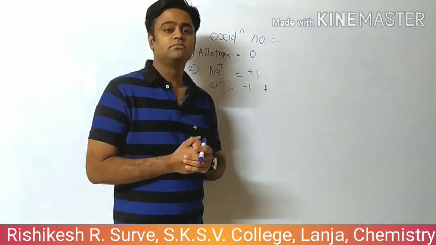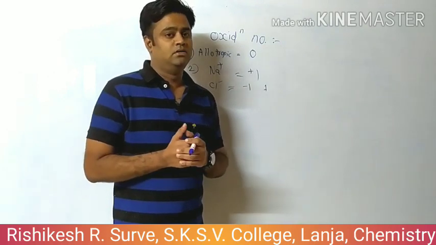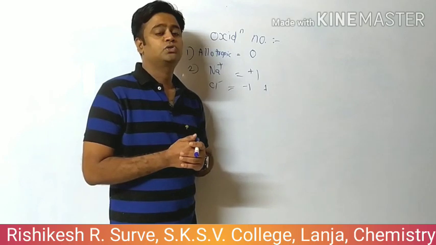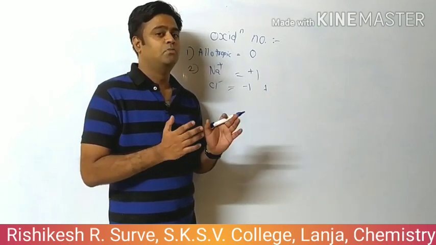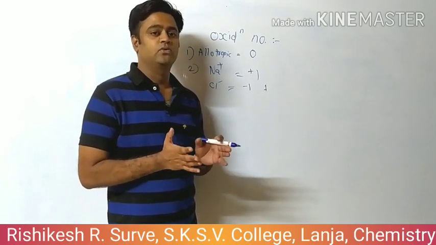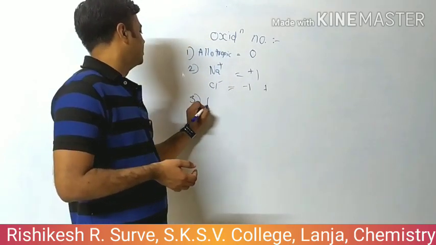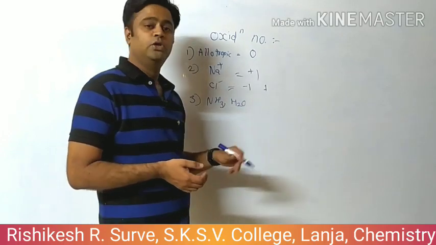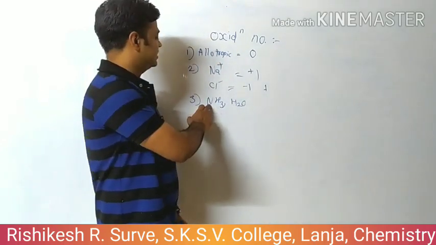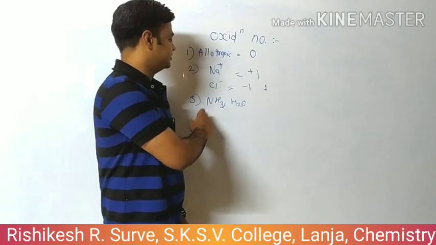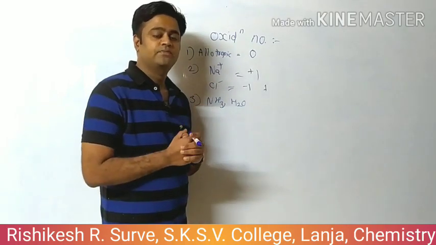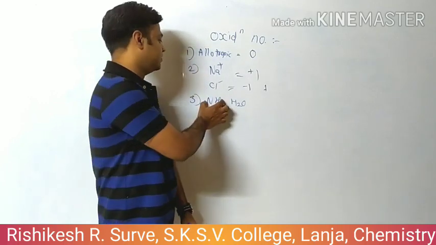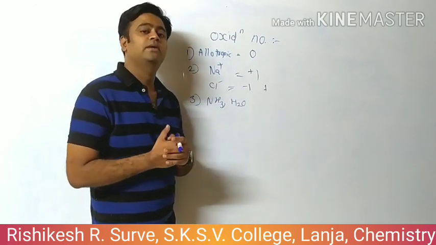Third, if we consider any molecule, then the total oxidation number for that molecule will be 0. For example, ammonia or water, since they are neutral molecules, the sum of their atomic charges will be 0, and hence the oxidation number for a neutral molecule will be 0.